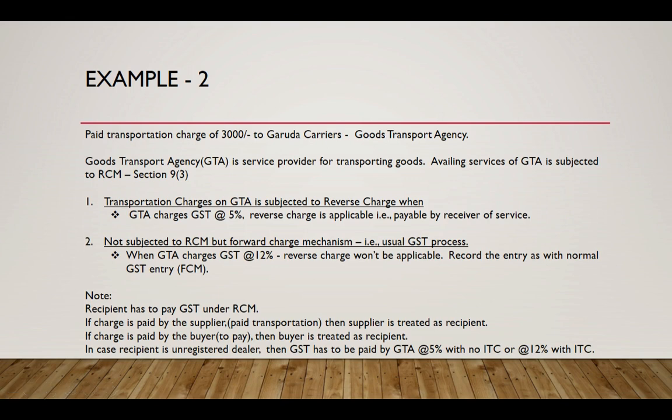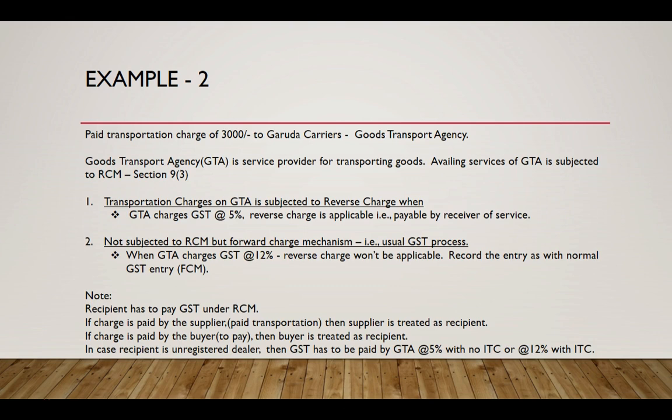Or GTA also has an option to charge GST at 12%. So along with the taxable amount, if GTA is charging GST at 12%, in that case reverse charge mechanism won't be applied. You need to pay the complete taxable amount along with GST to the GTA, and GTA will deposit GST to the government.